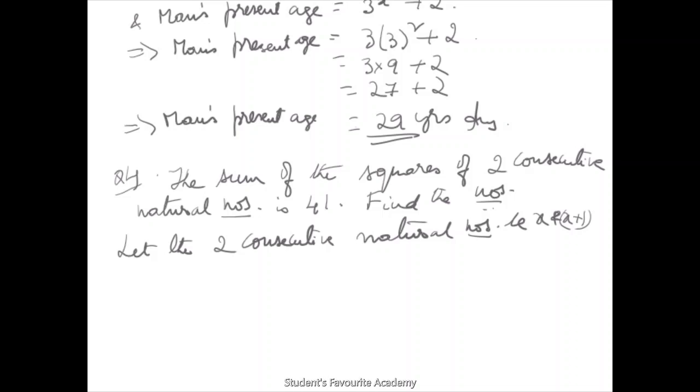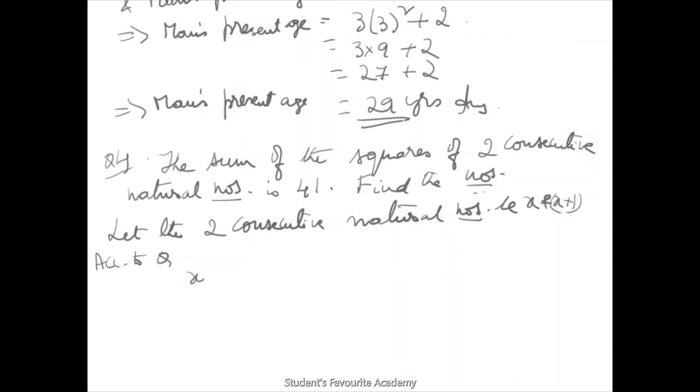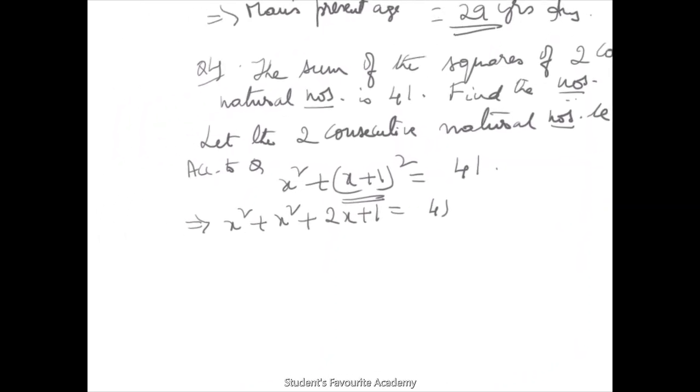Now the sum of the squares of two consecutive natural numbers is 41. So according to question, the sum of the squares, so x square plus x plus 1 whole square, that is equal to 41. So implies x square plus 2x plus 1 is equal to 41. I have applied a plus b whole square formula to this.